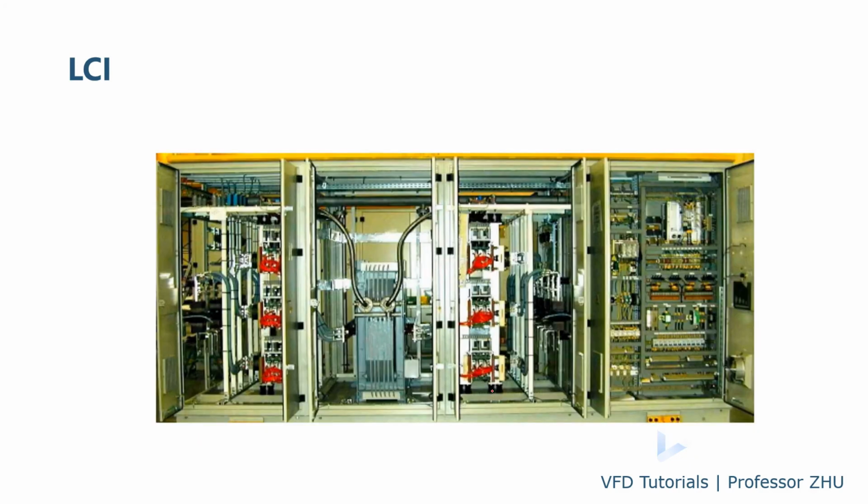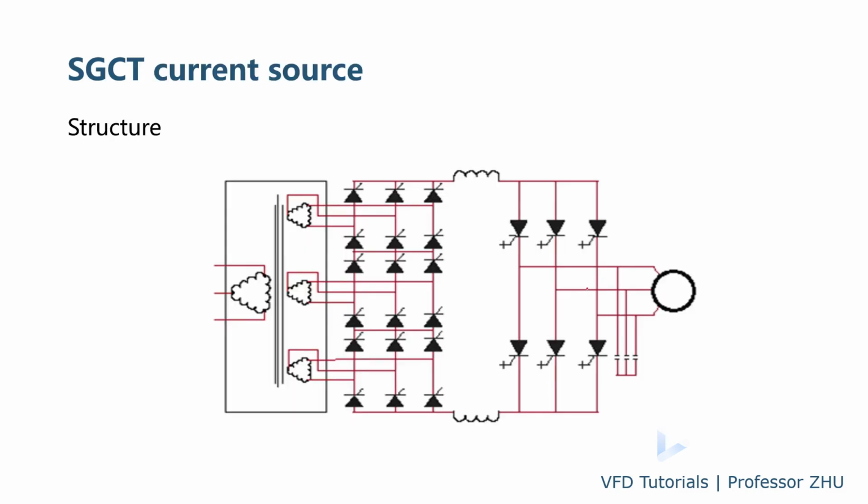Now here is a typical outlook of the LCI drive. Here's a rectifier, AC to DC, a reactor on the DC, then DC to AC control. And the second type of current source drive is what we call the SGCT current source.